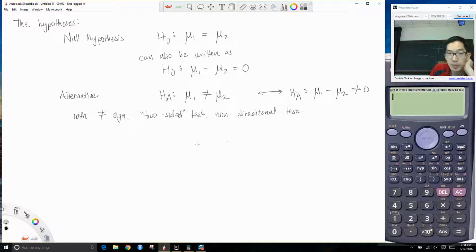Other possible alternatives are that mu1 is greater than mu2, or that mu1 is less than mu2. These would be called one-sided tests or directional tests.